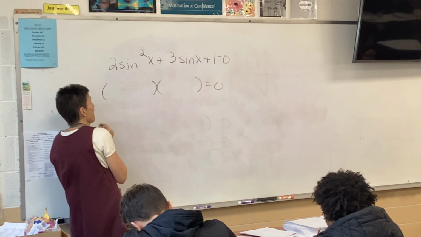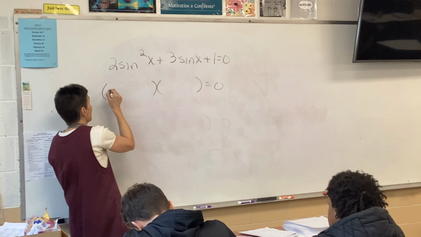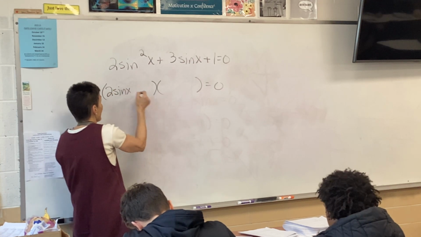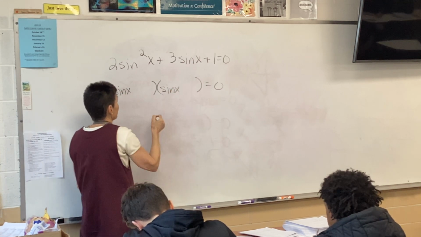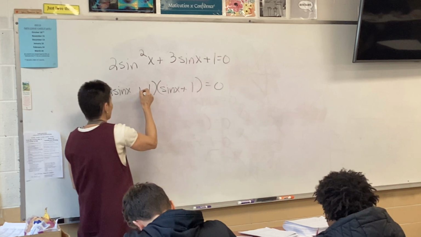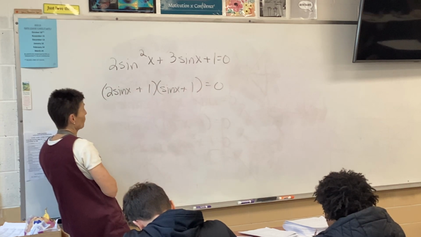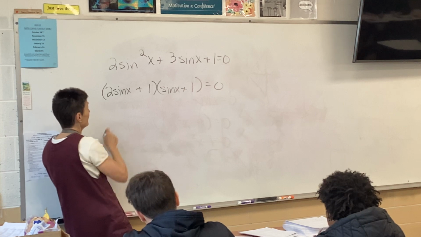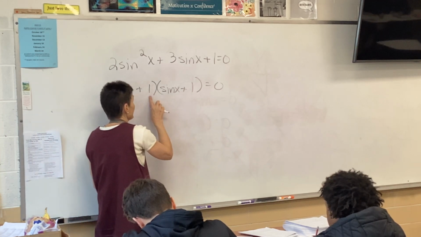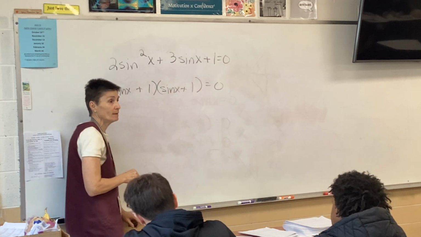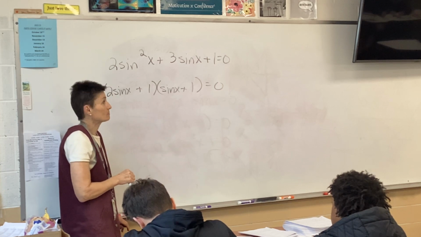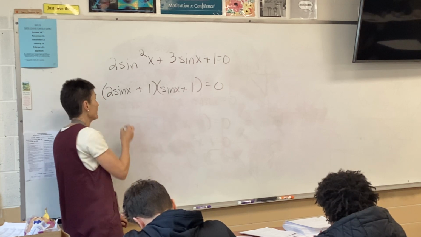So what will my factors have to be? 2 sine and 1 sine. And I think 1 and 1 is about all the options I have. Does that work out for me? Outsides and insides add up to 3. Yeah. So here we go.